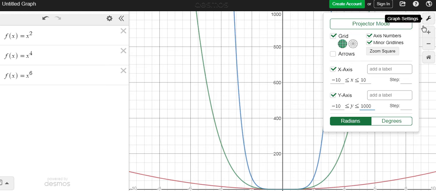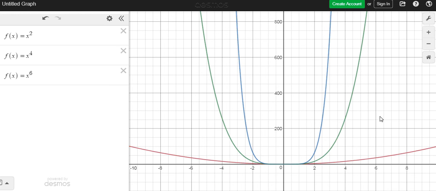Okay? It looks a lot like our graphs, right? We got something that looks really flat over here. This is our parabola right here, the red one. The green one is x to the 4th, and then x to the 6th.